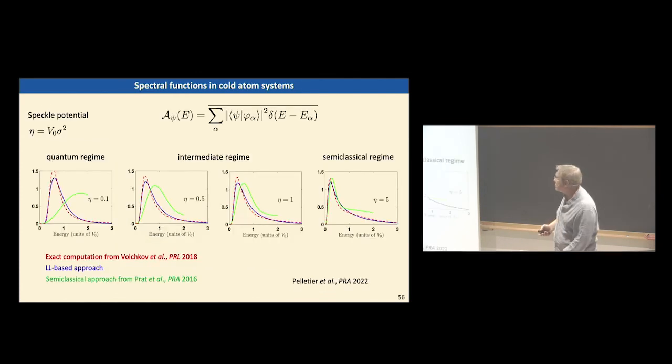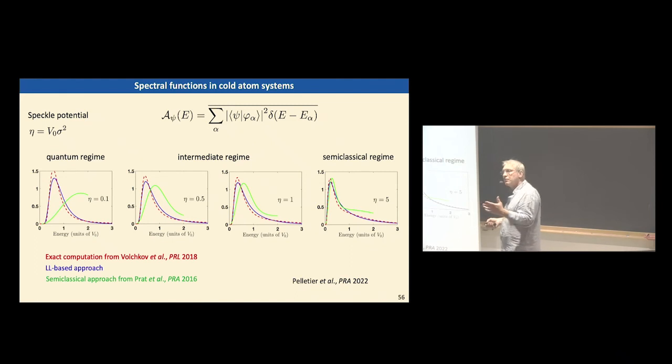And the type of computation that we have made, this is a work that we have done with Dominique Delande, is, for example, computing the spectral function. The spectral function is the decomposition on energy of, here it's for any state, but usually in Bose-Einstein condensates, the state of the cold atoms initially is a state of very low energy, so it's almost a plane wave around k equals 0.